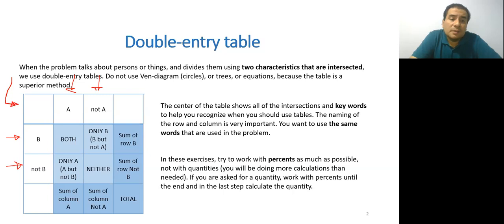We have this box representing the count of elements that have both characteristics at the same time. We have this one and this one, which represent the counts of elements that only have one characteristic, but not the other. And of course, there's also the possibility that we count some elements that don't have either characteristic.